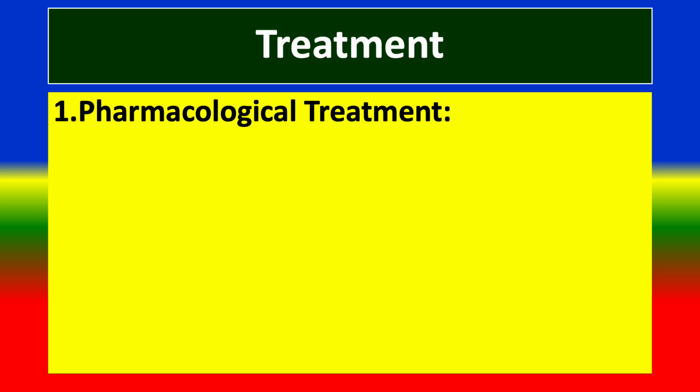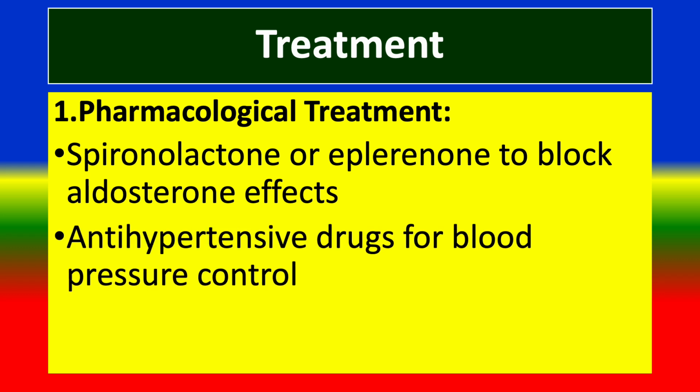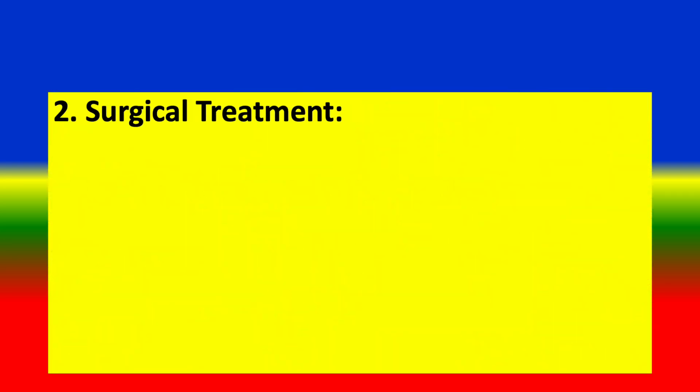Treatment options. 1. Pharmacological treatment: spironolactone or eplerenone to block aldosterone effects. Antihypertensive drugs for blood pressure control. 2.